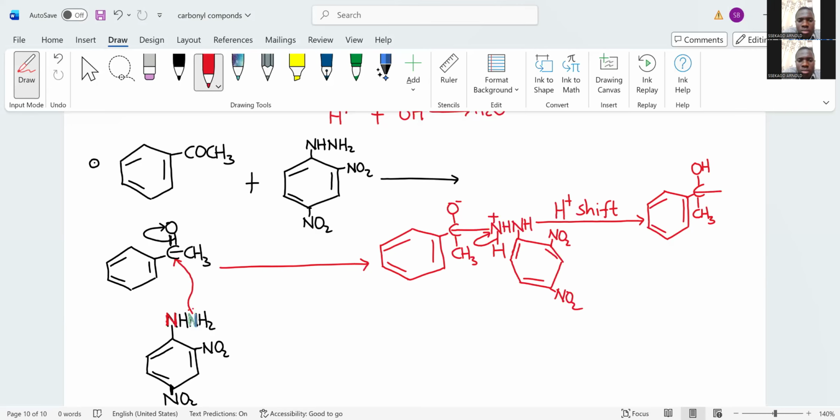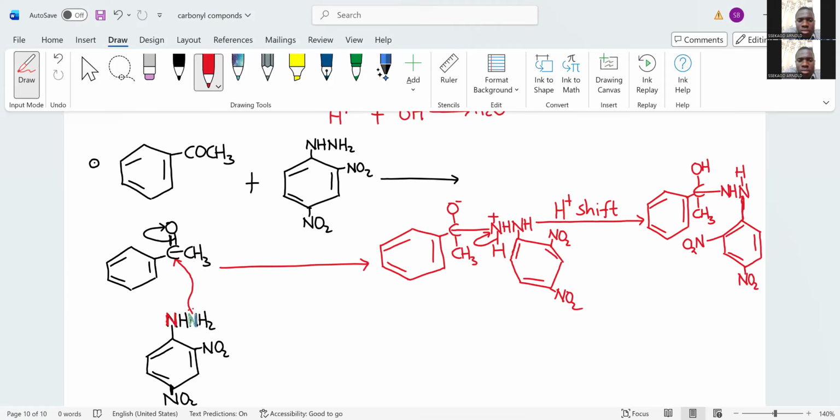That C carries N, which N has hydrogen and another N, which carries hydrogen, and this N carries a benzene ring with NO2. So that is what we have.